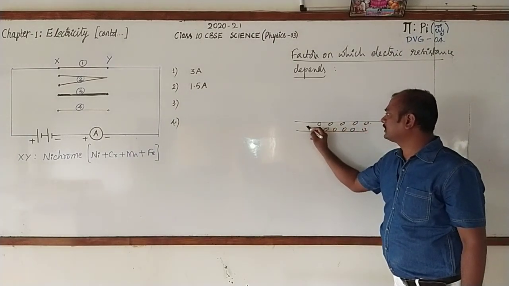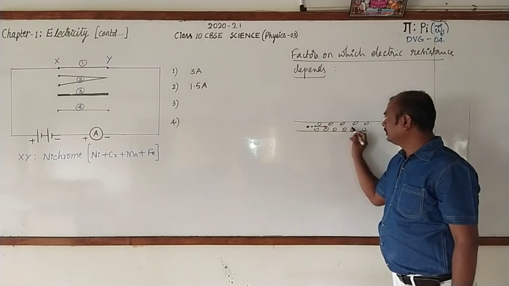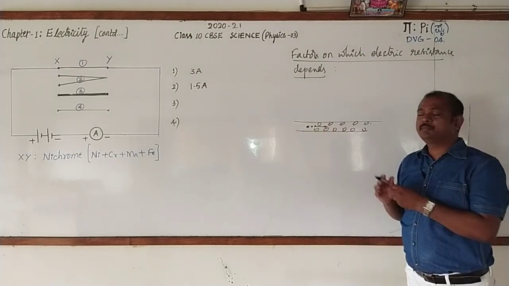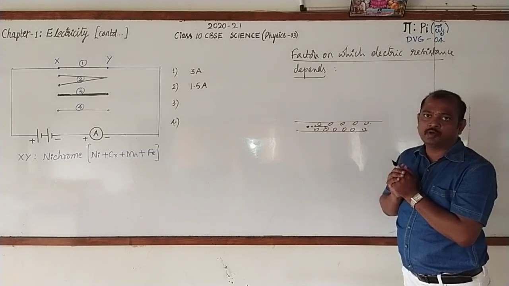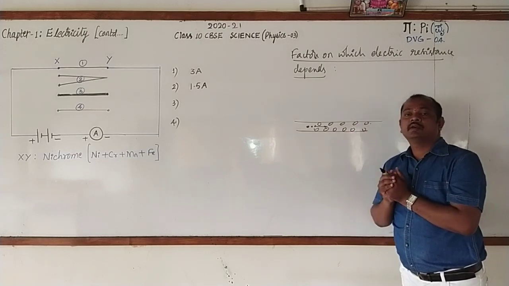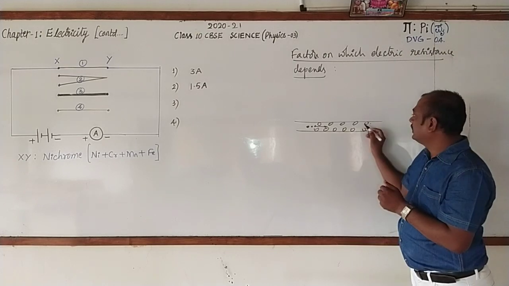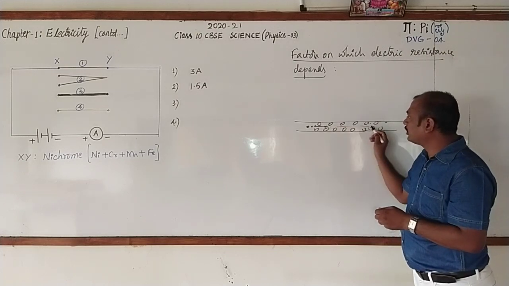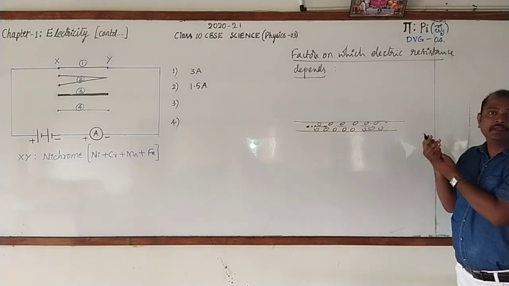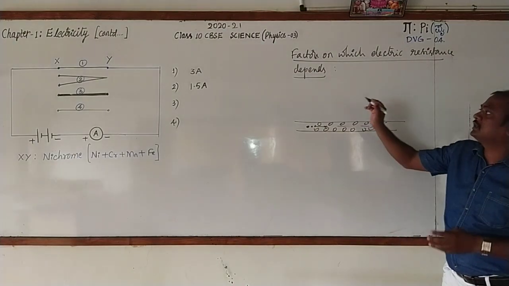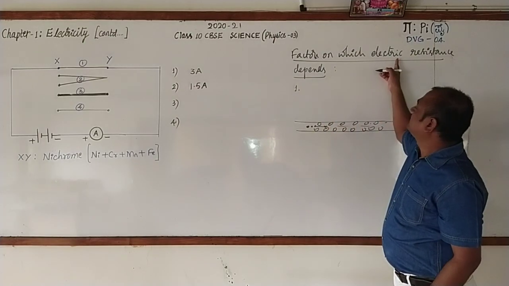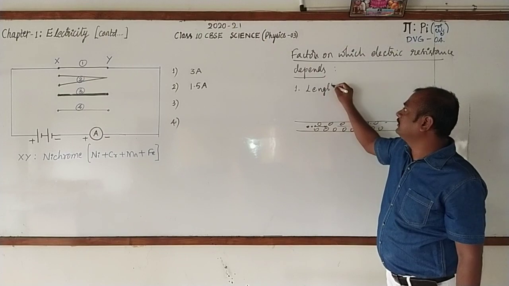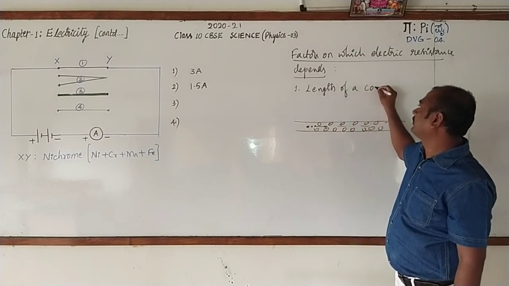Then these are the electrons, they flow in the conductor and collide with the atoms. Obviously there will be obstruction for the flow of electrons, hence resistance exists. As the length increases, this obstruction for the flow of electrons will go on increasing. Hence we can say that the first factor on which electric resistance depends is the length of a conductor.